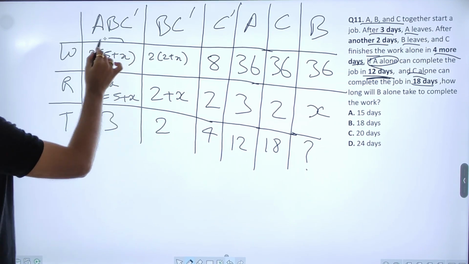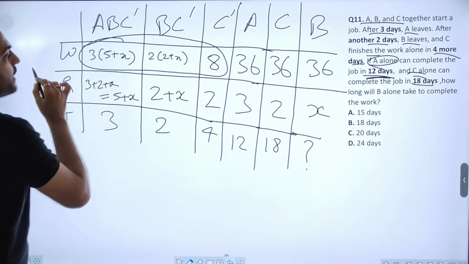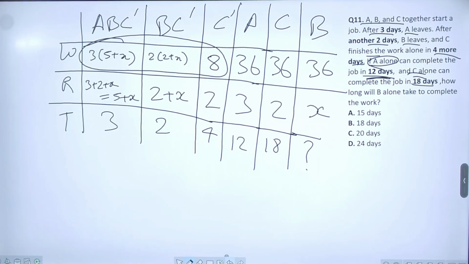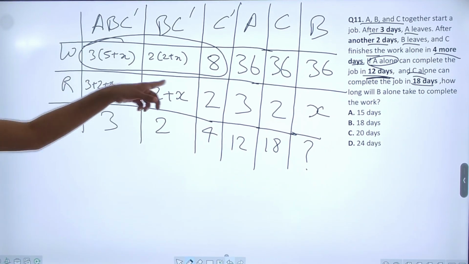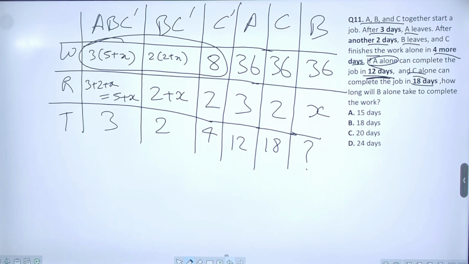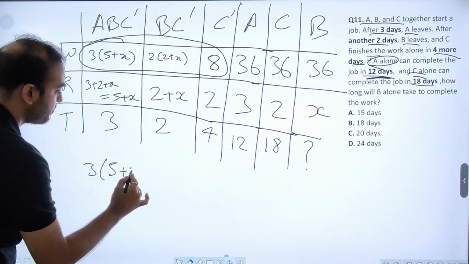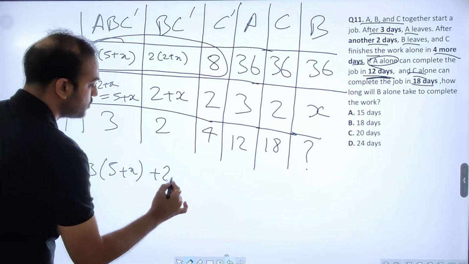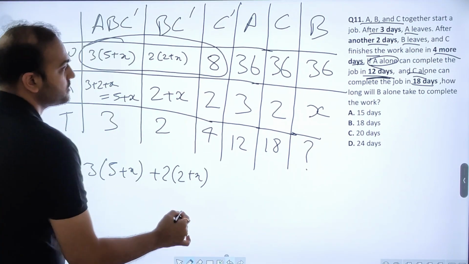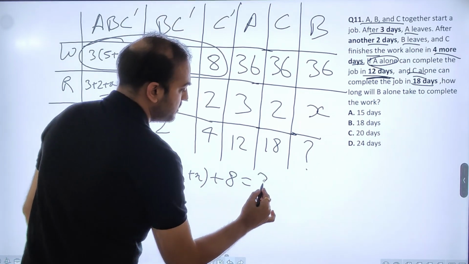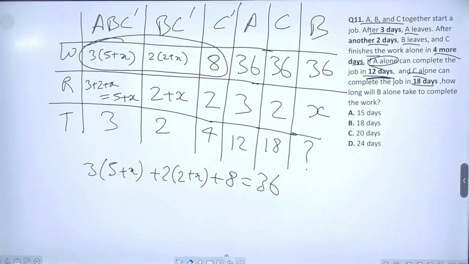But together, in this scenario, they finish the whole work. So 3 into 5 plus x plus 2 into 2 plus x plus 8 is equal to 36.